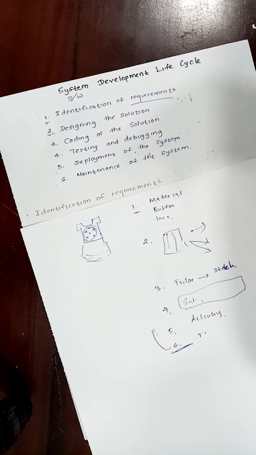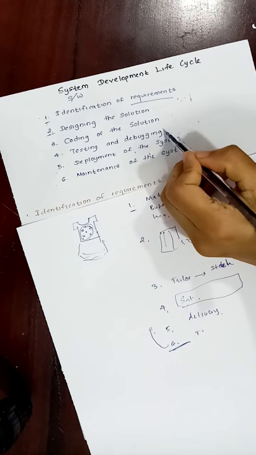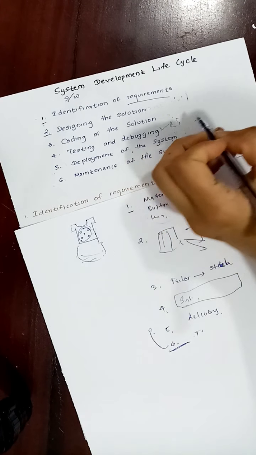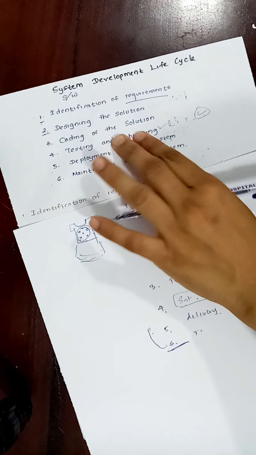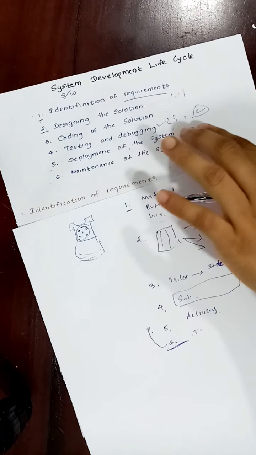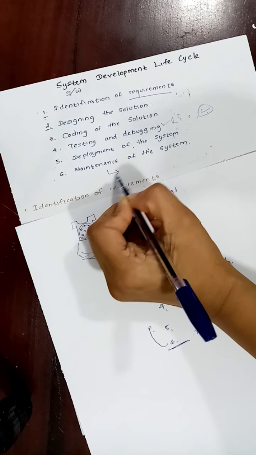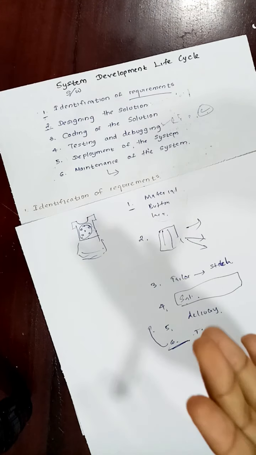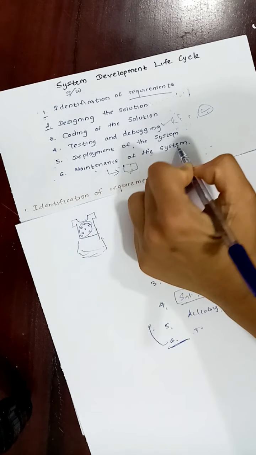After coding, he will test whether the functions and the code are working correctly. If all the tests are passed, he will deliver to the customer. Then if the customer, while using the software, thinks he needs more options or more requirements, he can ask the developer. That is the maintenance of the system.